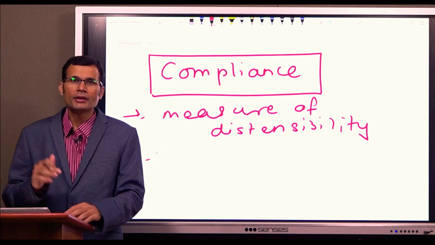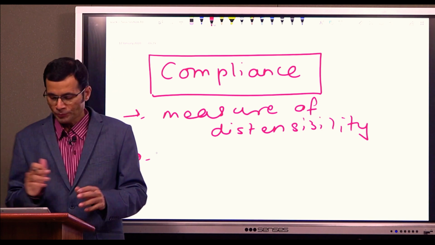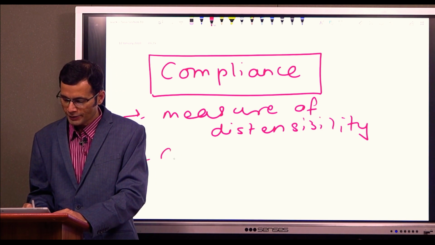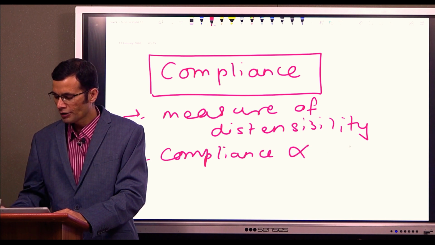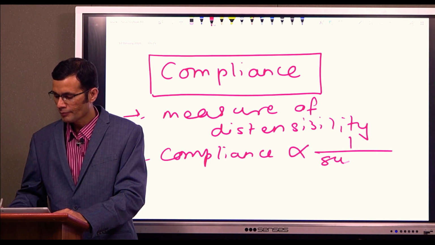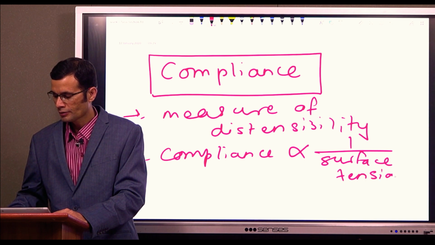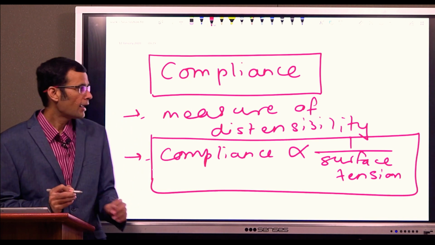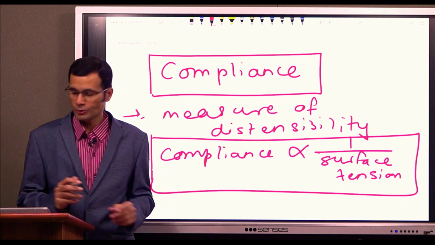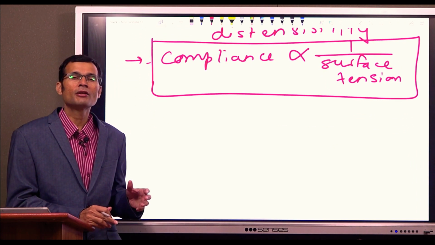Second point, and this is the important point that you must understand here, is that compliance is inversely related to surface tension. A very important aspect. Compliance is inversely related to the surface tension. I am talking about surface tension within the alveoli.